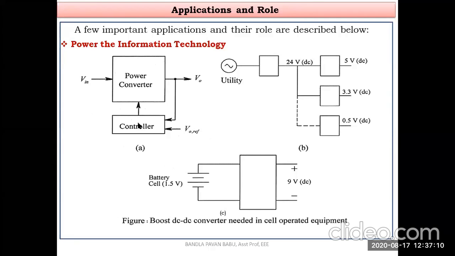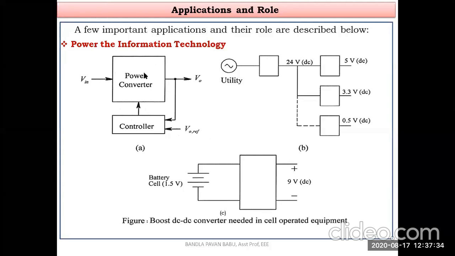According to that, the controller is able to control the converter. As I said before, different types of controllers will be there. Even the switch is also a controller. A diode is not a controllable switch, whereas BJT, MOSFET, IGBT and SCR all come under controllable switches.